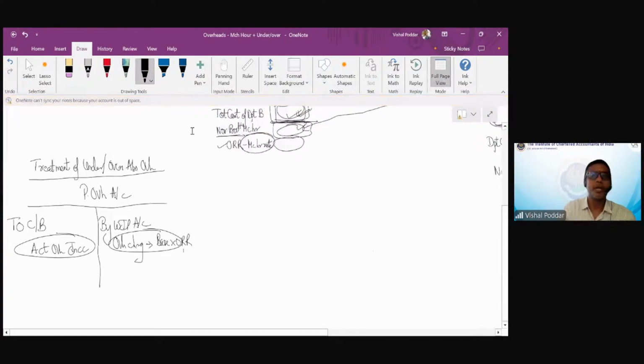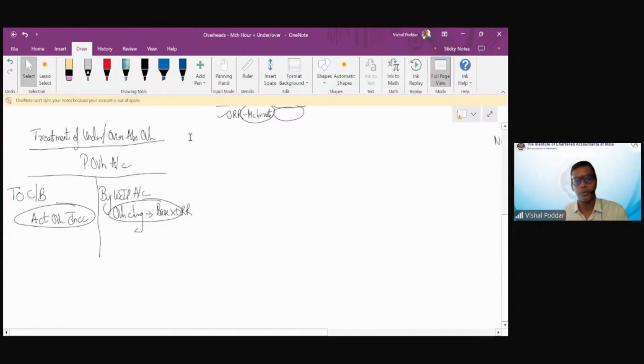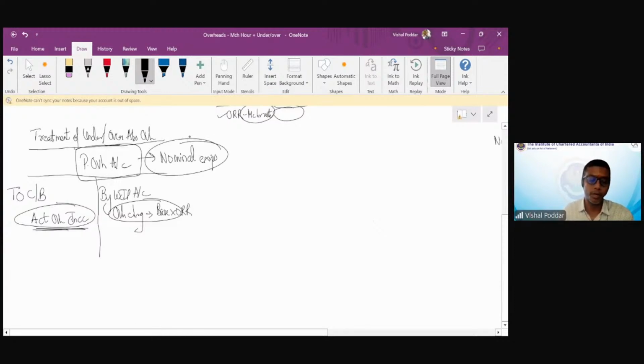Now we have reached the end of the year, that is 31st of March. Now when I compare these two figures, firstly remember this is an expenses account. So in your accounting parlance, this is a nominal account which represents expenses and income. So this is an expenses account, so it is a nominal account. Debit side is overheads which are incurred, which are actual. Credit side is overheads which are charged, which is charged using this formula.